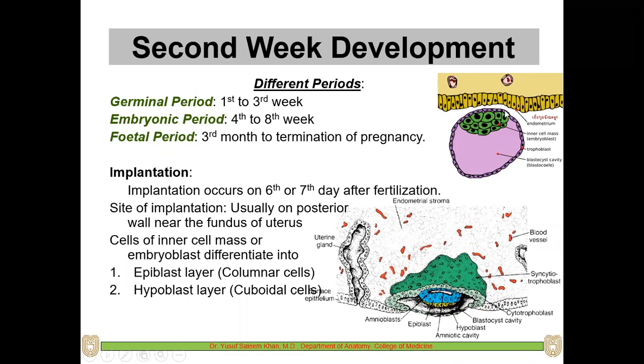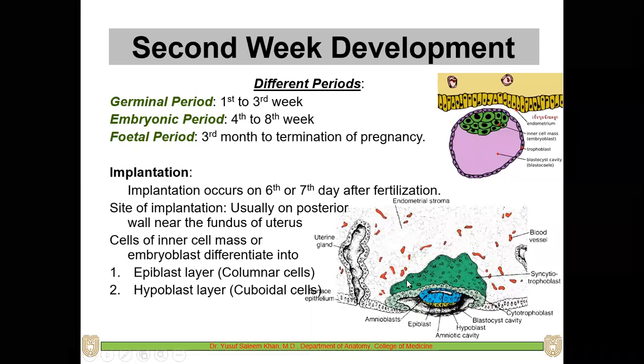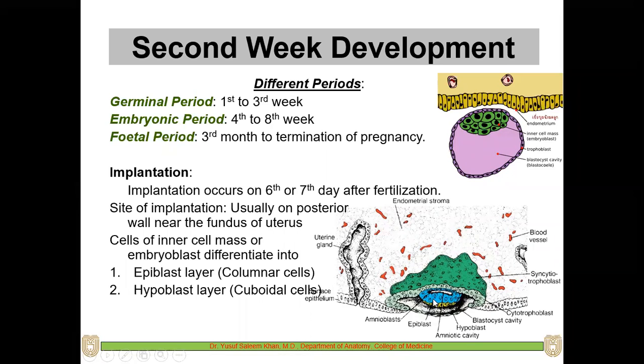The trophoblast goes and gets attached, and starts eroding this wall and getting inside. In the next stage, the whole of the blastocyst has entered into the wall of the uterus, that is, within the endometrium.